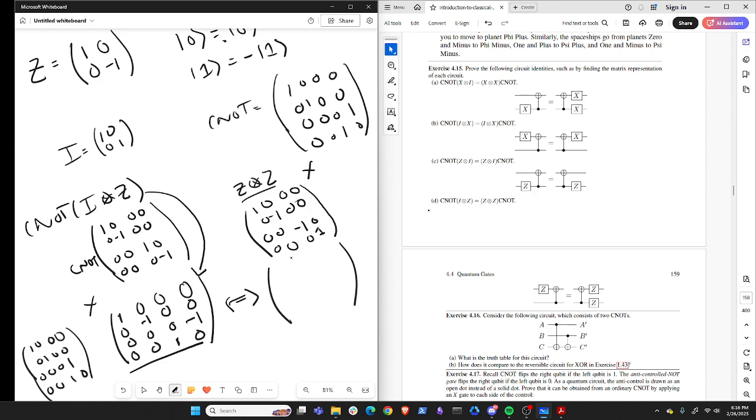So 1. I mean, we can just pretty much go ahead and write these two out. Sorry, 1, 0, negative 1, 0. So we know that the C naught gate is not going to affect our two leftmost columns.